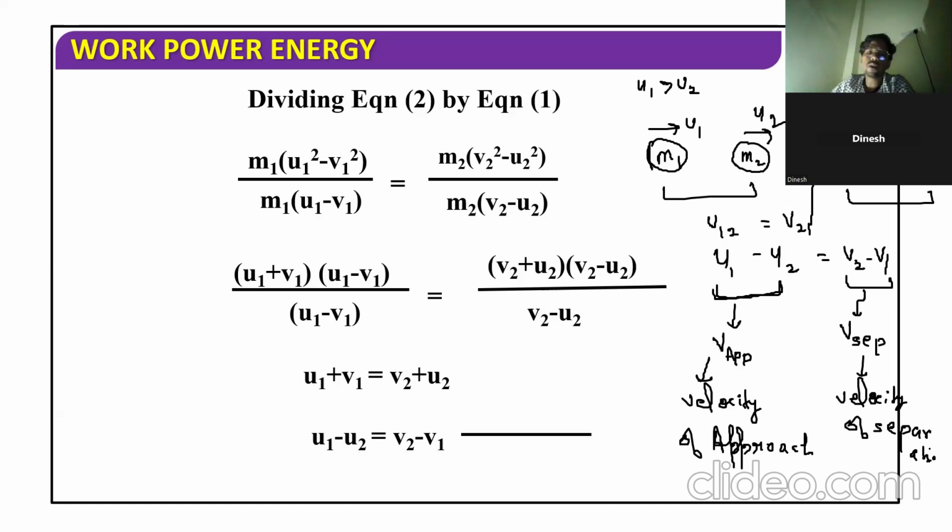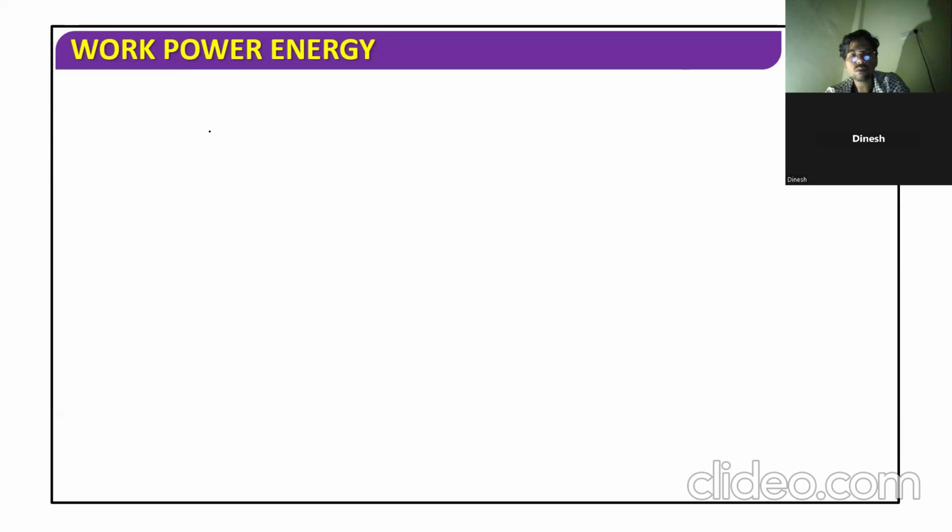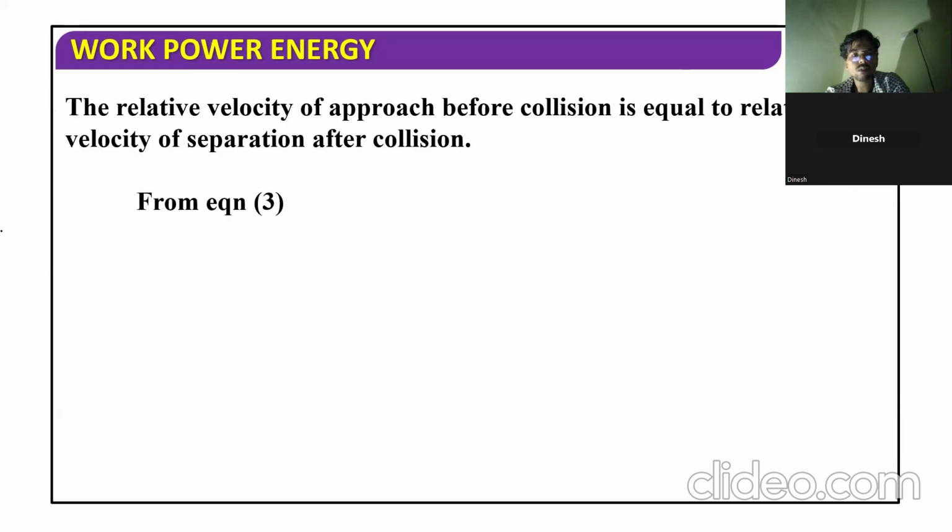So in case of elastic collision, velocity of approach equals velocity of separation: u1 minus u2 equals v2 minus v1. That is very important. The relative velocity of approach before collision is equal to the relative velocity of separation after collision.